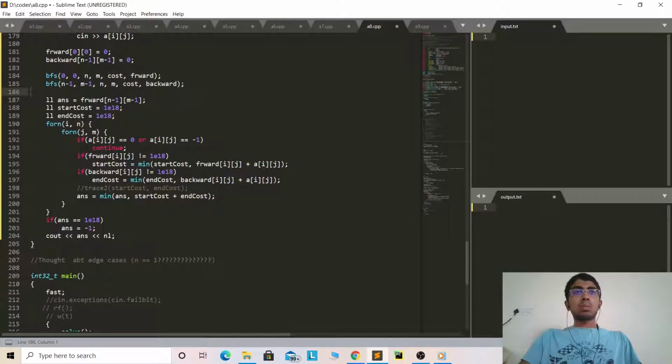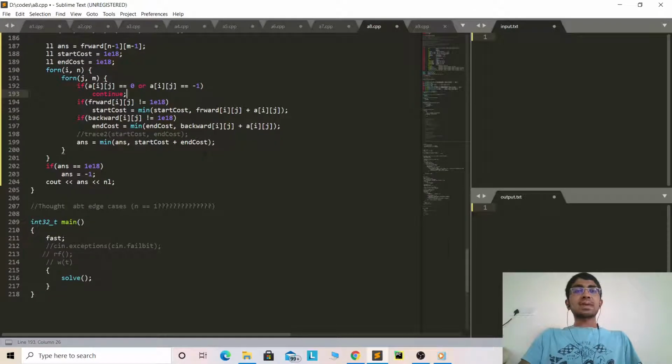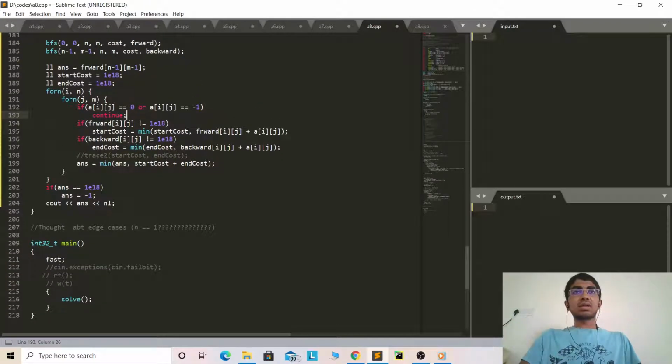Now to select the most optimal portals, if any, we are executing this loop where we consider only those cells which have portals. This line ensures that we consider only cells which have portals, and as explained in the diagram we need to find the start cost and the end cost. That we are executing in this line: minimum of start cost comma forward of i j plus the value of that cell, and the end cost is the minimum of end cost comma backward of i j plus the value of that cell.